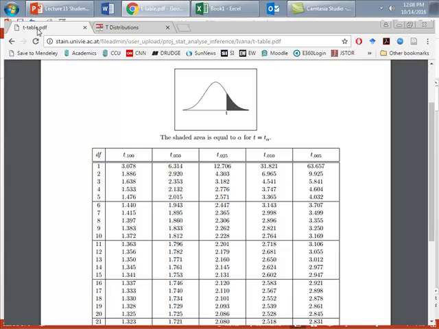So what we have here, if we look at this table, the very first row, if we have 1 degree of freedom, and we're looking for whether or not our t-score is 0.025 in the tails, which is our 95% confidence interval, we need a t-score that is equal to or greater than 12.706.